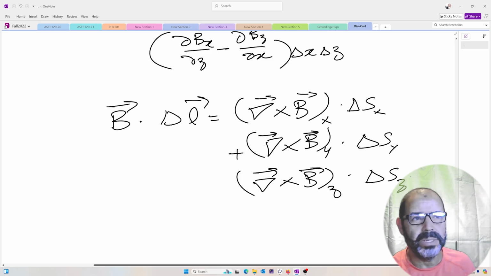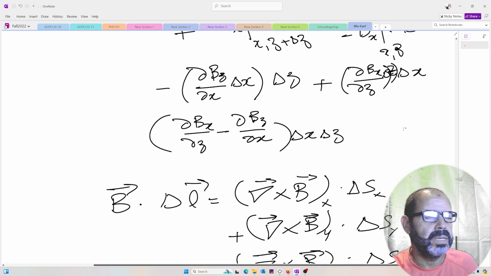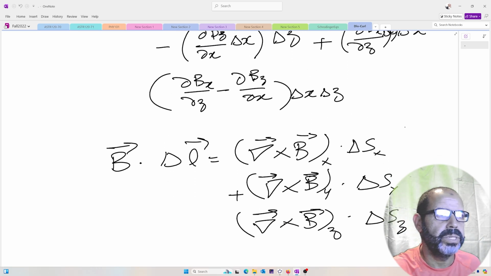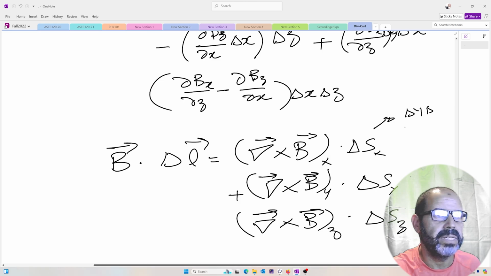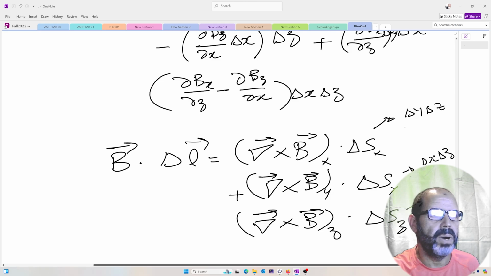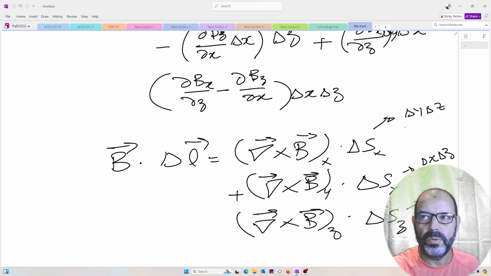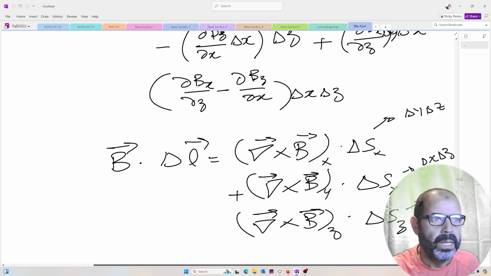Remember, this is in space, where delta sx is delta y, delta z. Delta sy is delta x, delta z. That's the y component of the area. Again, it's pointing in the y direction. Its size is delta x, delta z. It's on that plane. This area is delta x, delta y.